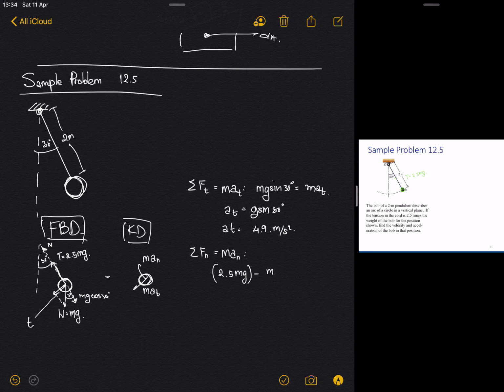So mg cos 30 equals m a_n, and in the end a_n is equal to g (2.5 minus cos 30), and a_n is equal to 16.3 meters per second squared.